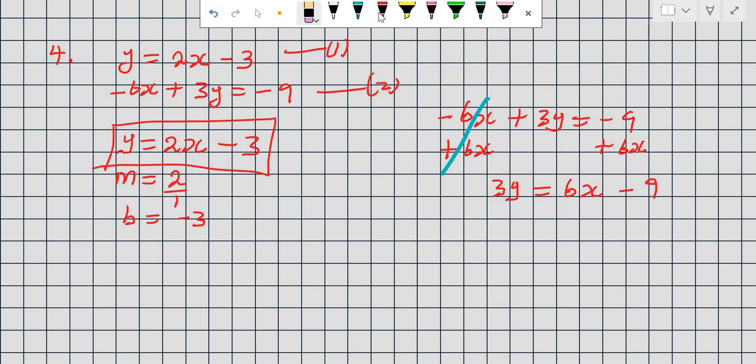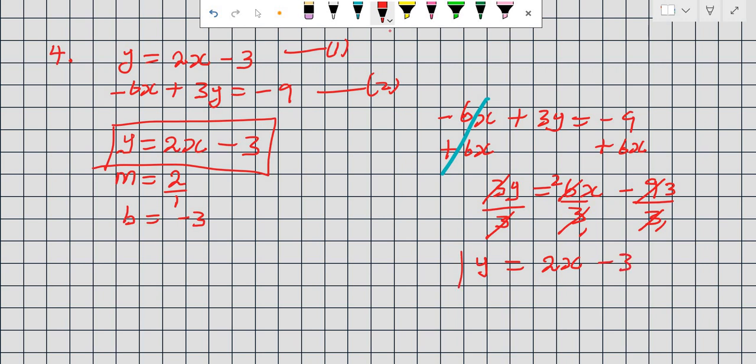Once the coefficient of y is not 1, you divide by the coefficient. So we divide each term by 3. This 3 is going to cancel out this 3. 3 divided by 3 is 1, and 6 divided by 3 is 2. 3 divided by 3 is 1, 9 divided by 3 is 3. So now y is equal to 2x minus 3.